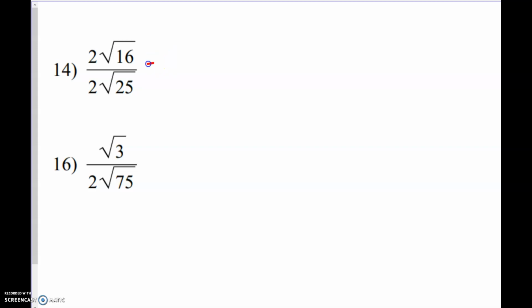Alrighty, what do we have here? So the square root of 16 is 4, and the square root of 25 is 5. These 2's are going to simplify, so we end up with 4/5. Some people multiply together and then get 8 over 10 and then simplify, but I like to simplify first.